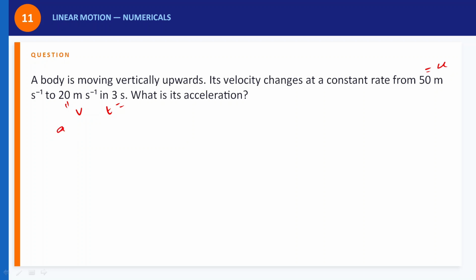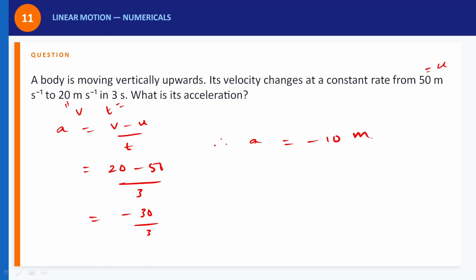Acceleration a equal to v minus u by t. That equal to v value is 20 minus u is 50 by 3. That equal to minus 30 by 3. Then you will get here a equal to minus 10 meter by second square.